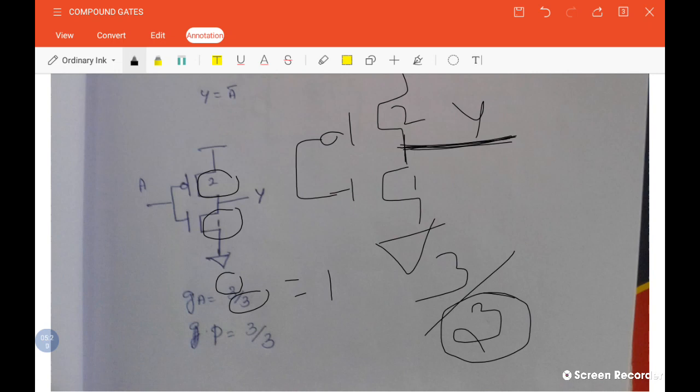So the output capacitance from the PMOS is 2C and from the NMOS is 1C, totally 3C. So the diffusion capacitance is 3 divided by the inverter's capacitance 3. So the normalized parasitic delay would be 1 for the inverter circuit.